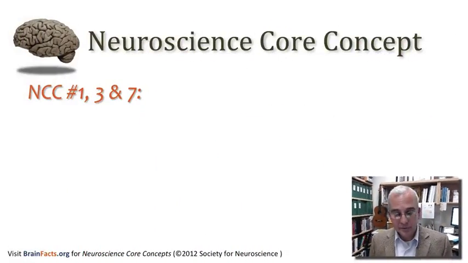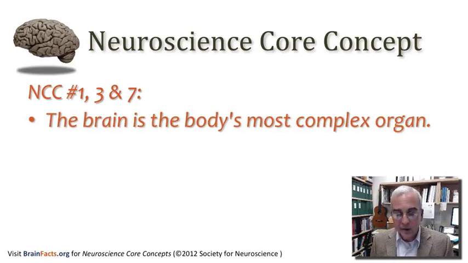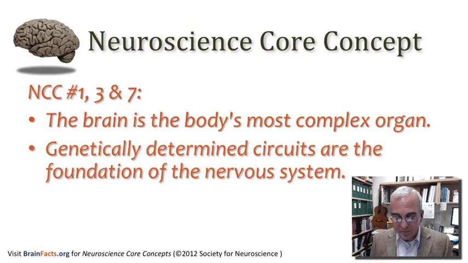This pertains to several of our core concepts in the field of neuroscience. Again, the complexity of the brain confronts us every time we consider one of its component structures in relation to others.